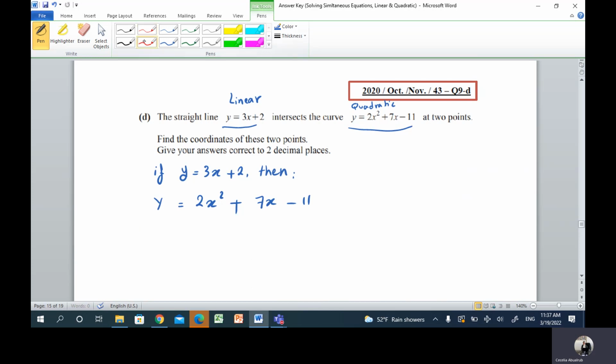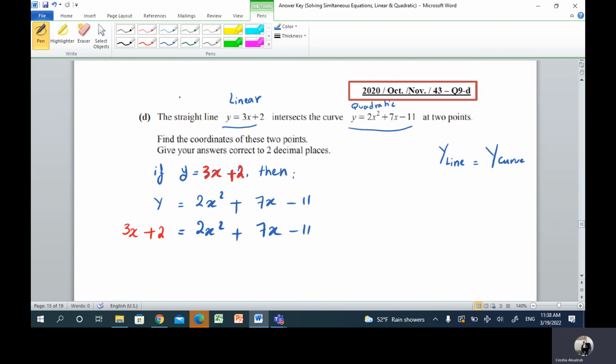So it will be 3x plus 2. We're going to substitute the value of y as an expression here. 3x plus 2 is equal to 2x squared plus 7x minus 11. And as I explained, we can always say that y of the line is equal to y of the curve, or of the parabola.